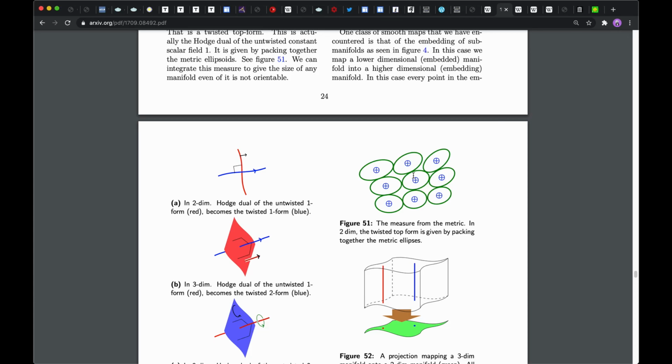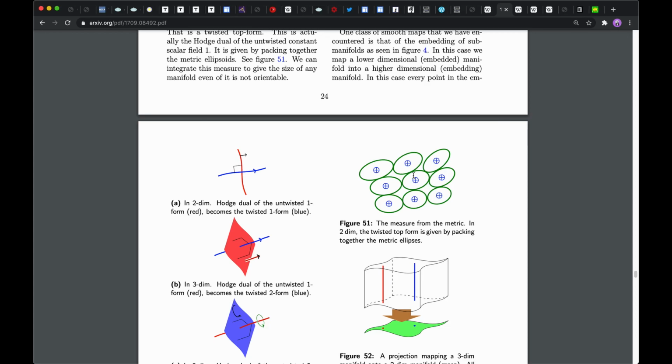So basically you can form the manifold subdivision into those small areas measured by those ellipses, and therefore you form the measure for the surface of the manifold.